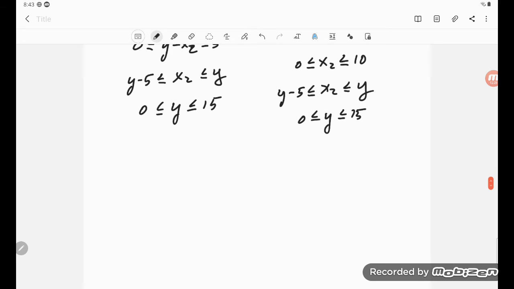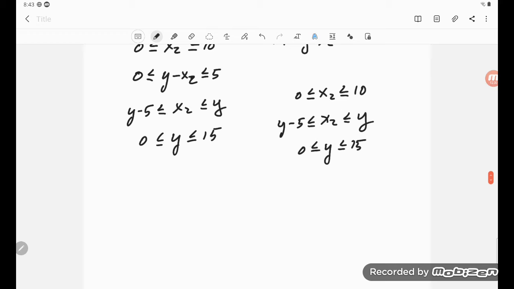And so as we look at this, again, if y is 0, so if we have 0 less than or equal to y, we have no problem with this second inequality. That's down at -5, so the x2 would be greater than or equal to 0.